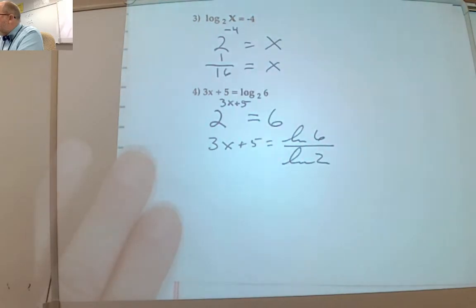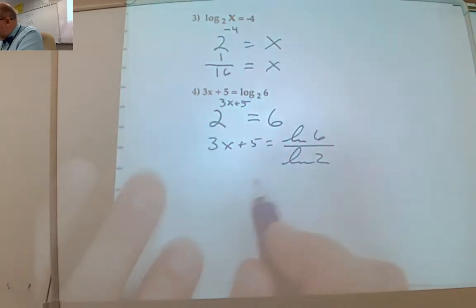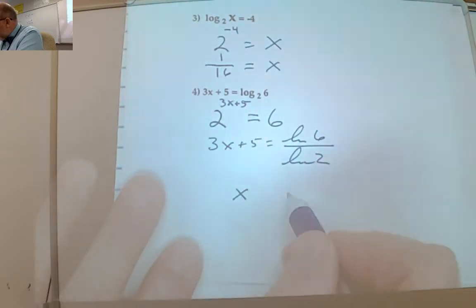Is everybody okay with that step? Because the 3x plus 5 will be in front of the natural log of 2. Destiny, is that okay? So then what are you going to do? Subtract the 5. And then after that? Divide by 3.